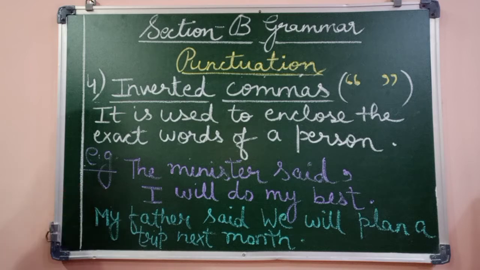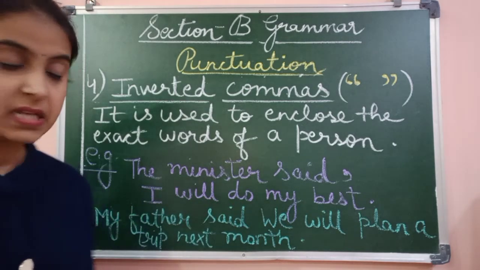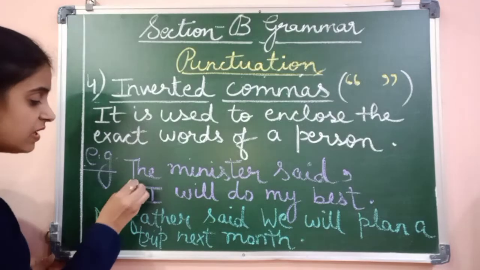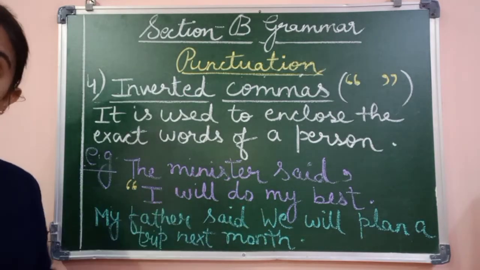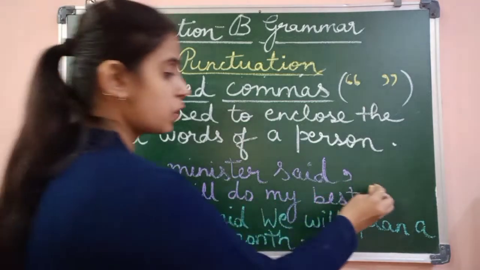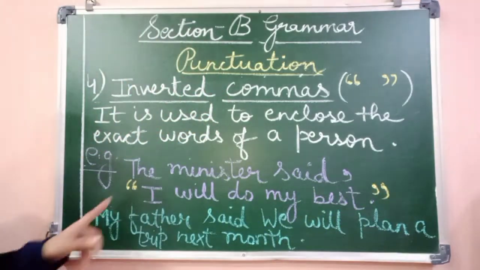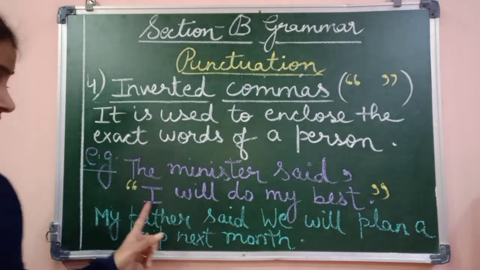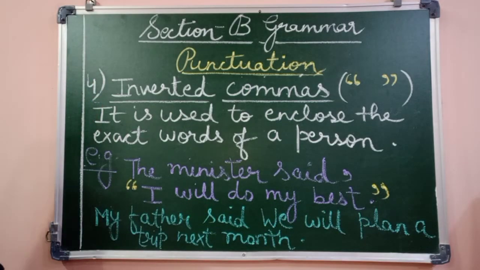Like in this sentence, the minister said, I will do my best. Now these words, I will do my best, are the exact words spoken by the minister. So we will put these words in inverted commas. This shows that these are the exact words of the speaker.